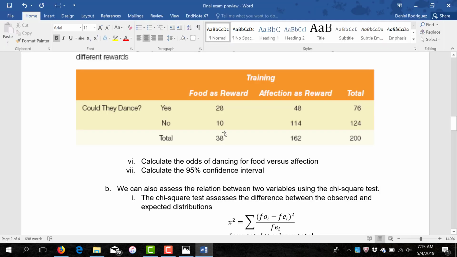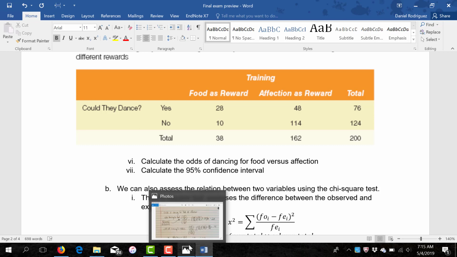So let's go back here. So 28 line danced out of 38, right? 28 out of 38 could line dance for food as reward. So our exposure here is having food as reward, and our outcome is yes or no. So we're going in this column, this vertical direction here, right?